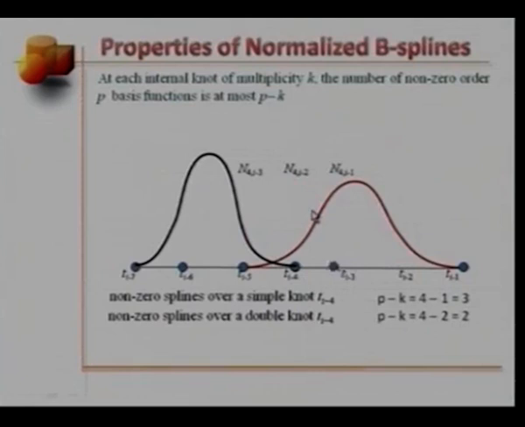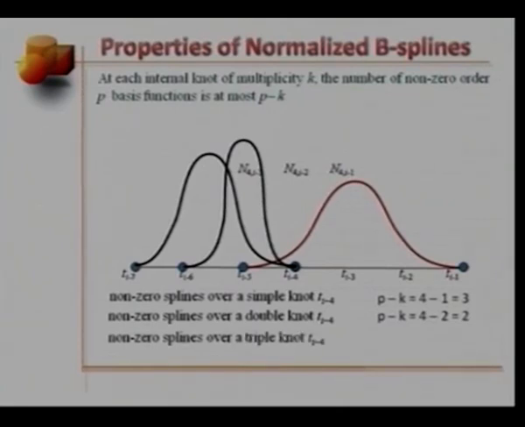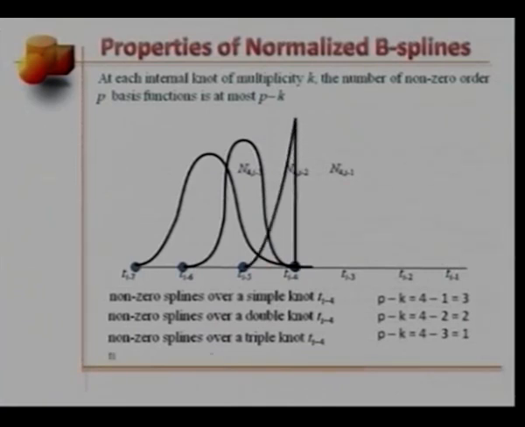If we move Ti minus 2 to Ti minus 4, another one disappears. We are left with only one non-zero basis spline. And finally, if I move Ti minus 1 to Ti minus 4, we are left with 0 basis spline functions which are non-zero over Ti minus 4. You would notice that the multiplicity of this knot is 4 now.